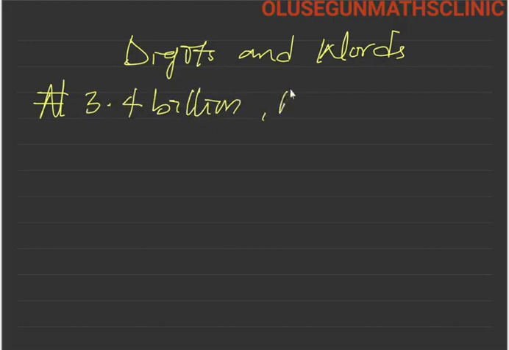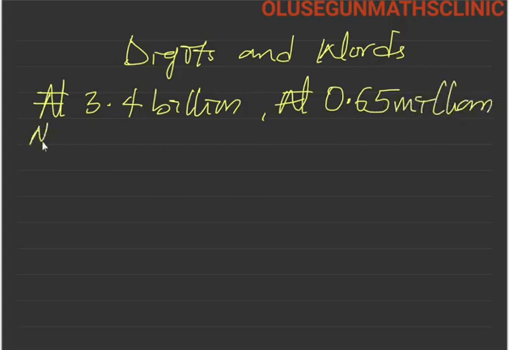We also have in Naira again, 0.65 million. Maybe in the news, or maybe there's a budget, we have 3.5 billion. So this is what we call digits and words. Sometimes we represent them together, so in pronouncing it at once, to make the statement meaningful.